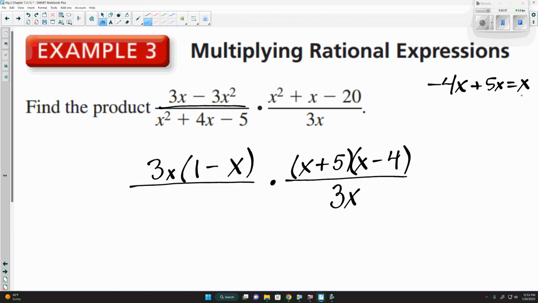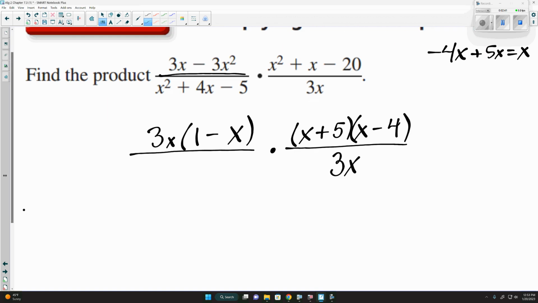Questions on this so far? Now we can factor the denominator of the first one. Since there's no greatest common factor, we can have our two sets of parentheses with 3 spaces. Since the third term is negative, our signs are opposite. The factors of x squared are x and x. 5 and 1.